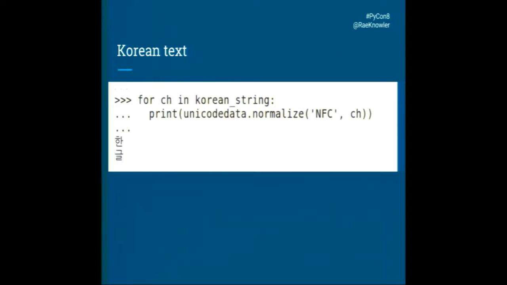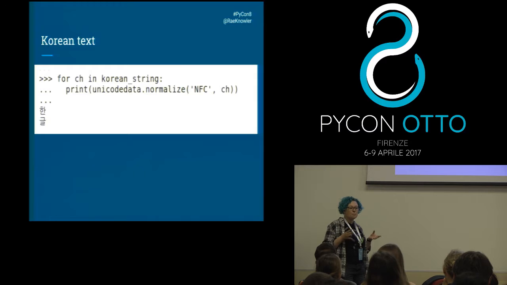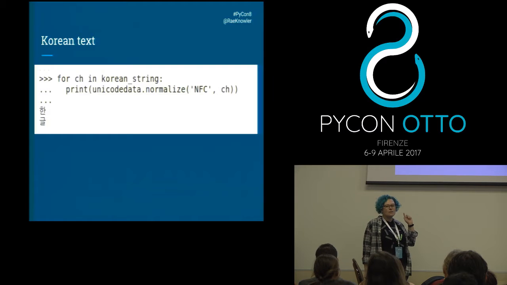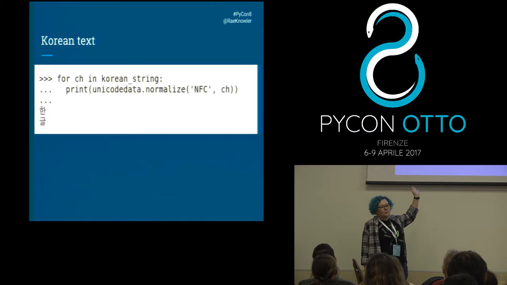And then say, I tell it, well, I have all my different characters, and I want you to compose this so that they are arranged in the correct way for a human reader of Korean. I want you to give me the composed form. Very easy. We have now normalized in the composed form our Korean characters.